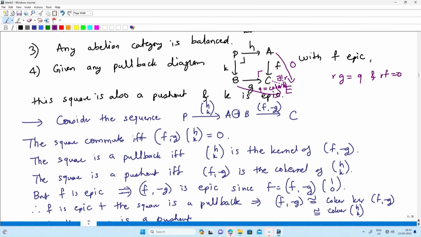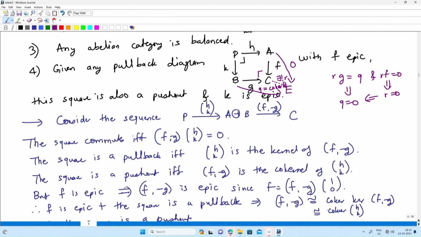But F is an epimorphism, so therefore R is equal to 0. These two things together imply that Q is equal to 0, which means K is indeed an epimorphism.